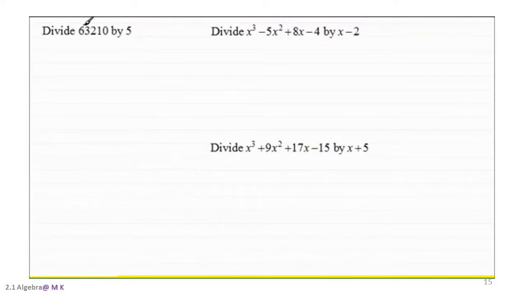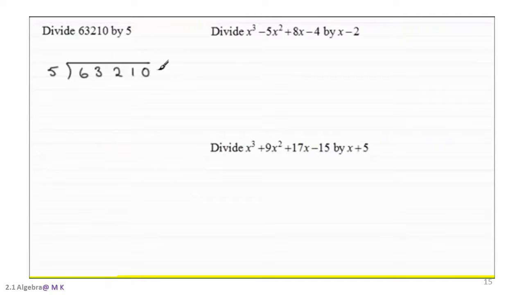So I've got this one here, divide 63,210 by 5. Now one way of doing this would just be to do 5s into 63,210.